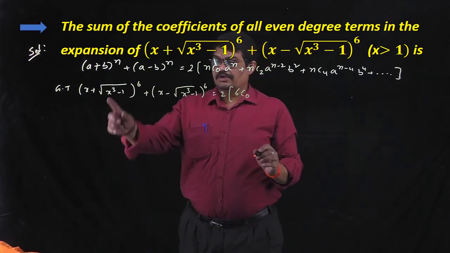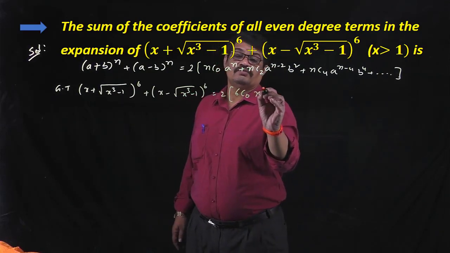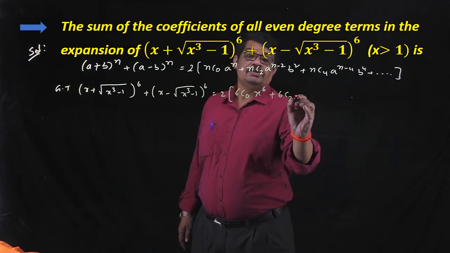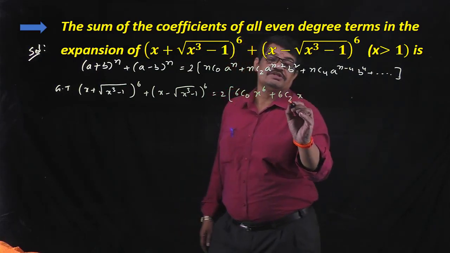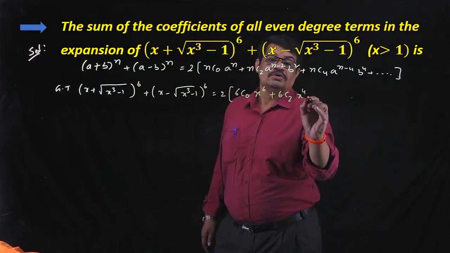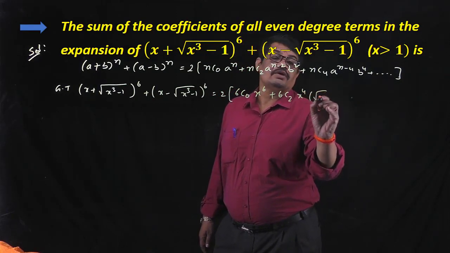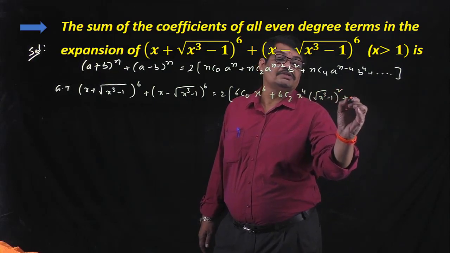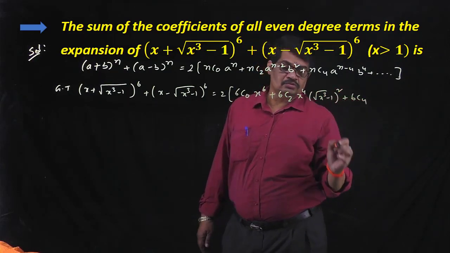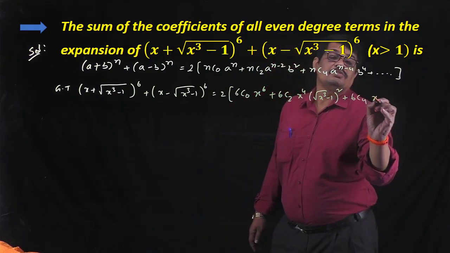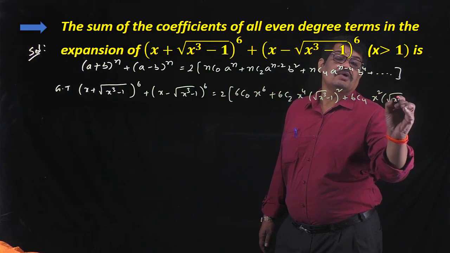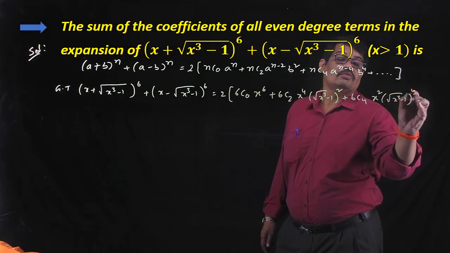6C0, the first term is x to the power of 6, plus 6C2 into first term x to the power of 6 minus 2, that is 4, into second term, that is square root of x cube minus 1 whole power 2. Next, 6C4 into x to the power of 6 minus 4, that is 2, into second term (x cube minus 1) whole power 4.